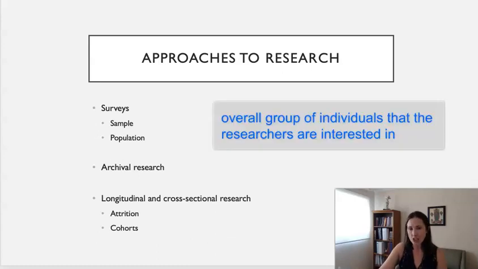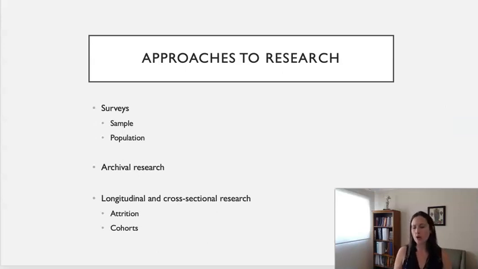Your population is the overall group of individuals that researchers are interested in. So for example, if I'm interested in doing a survey on illicit drug use at McDaniel, my sample is going to be the 50 students that I have fill out my questionnaire, and my population would be all McDaniel college students.